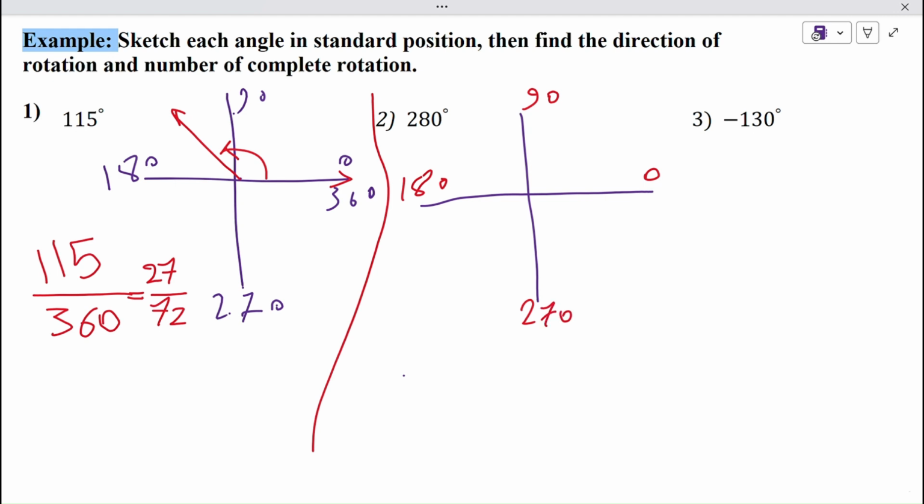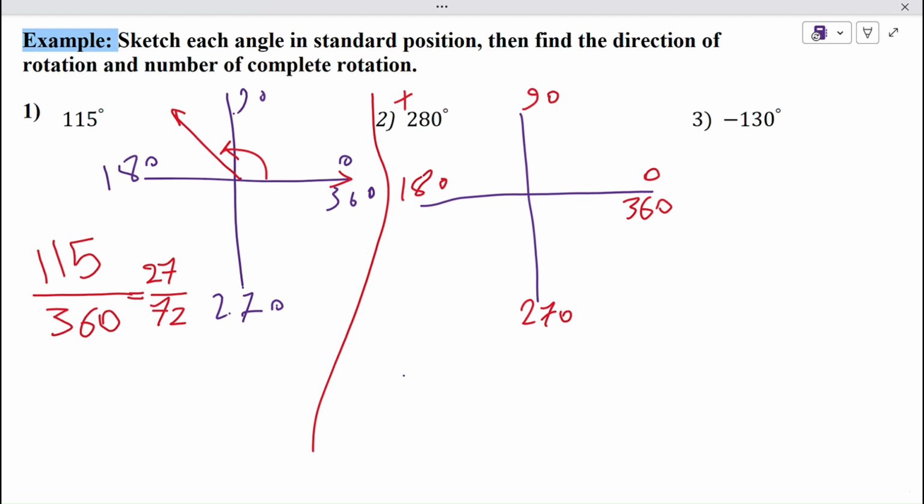Again, the sign of our angle is positive, so the direction of rotation is counterclockwise. But where is 280? 280 is near 270, right here.